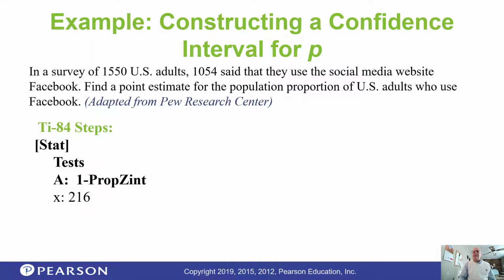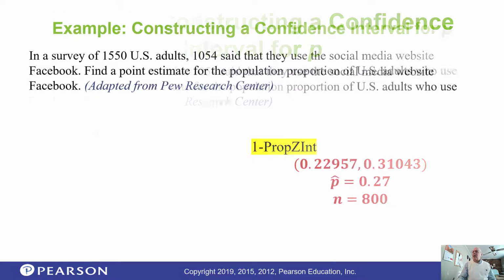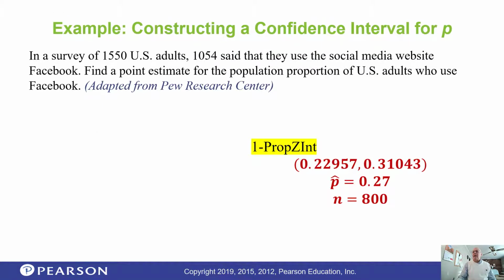Put in the 216 that we got from our sample, put in the 800, the sample size, and the confidence level we want, and let's calculate, and there is our confidence interval. About 23% to 31%.